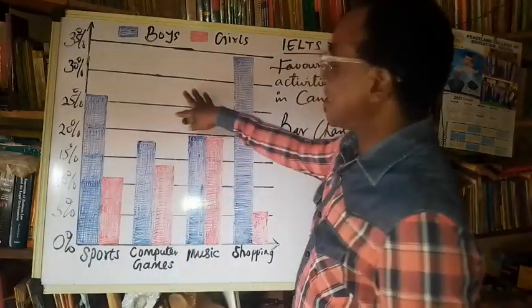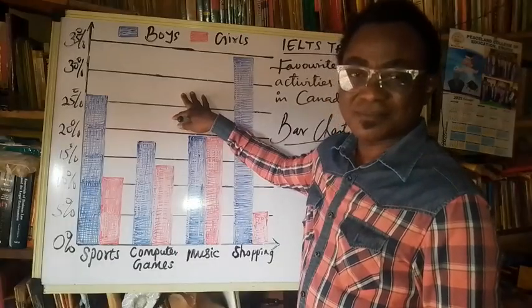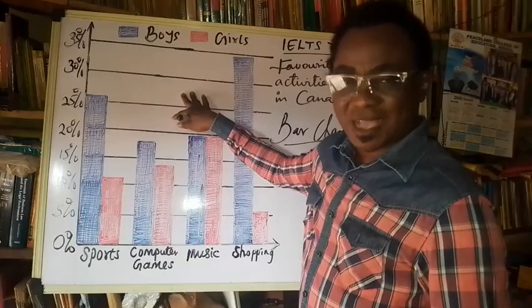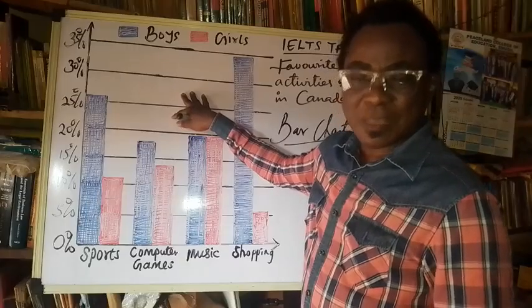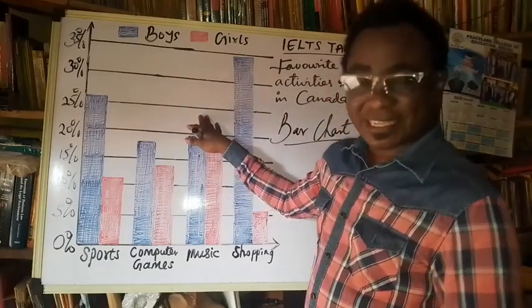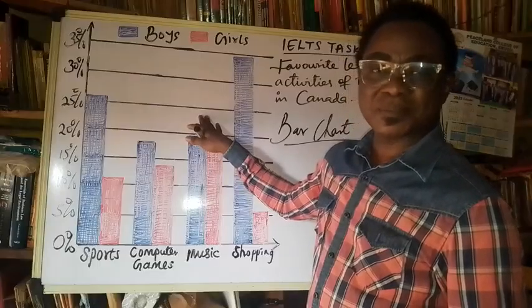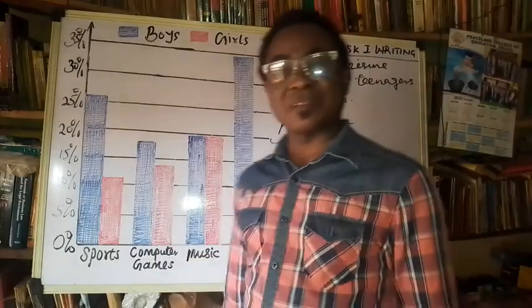You can refer to this as a statistical model. Whether it is a pie chart, a bar chart, like the one that we have here, a statistical table, or statistical map, we are saying the same thing.